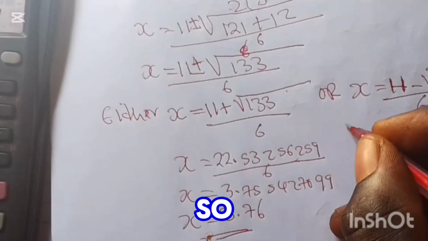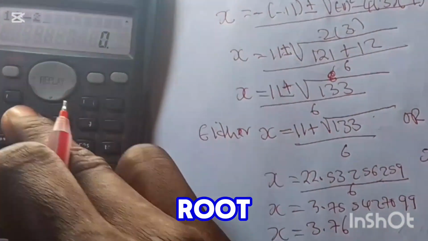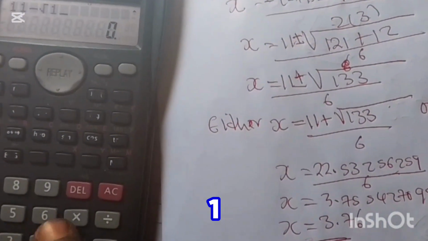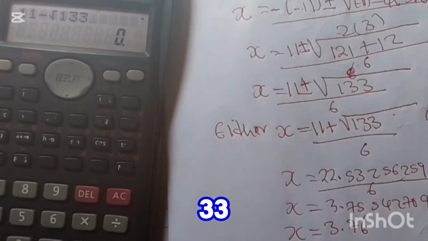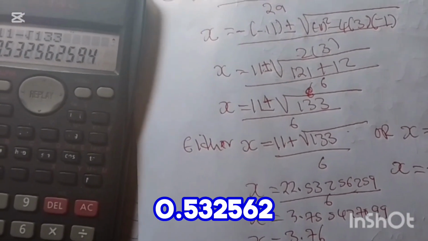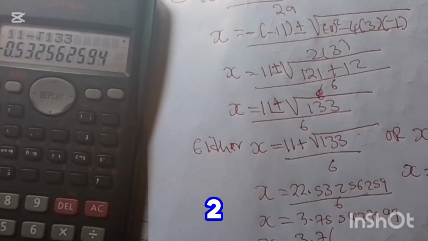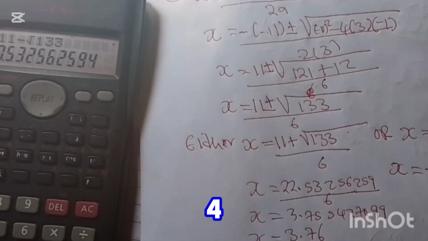So the second answer, x is equal to 11 minus the square root of 133, which is negative 0.532562594, divided by 6.